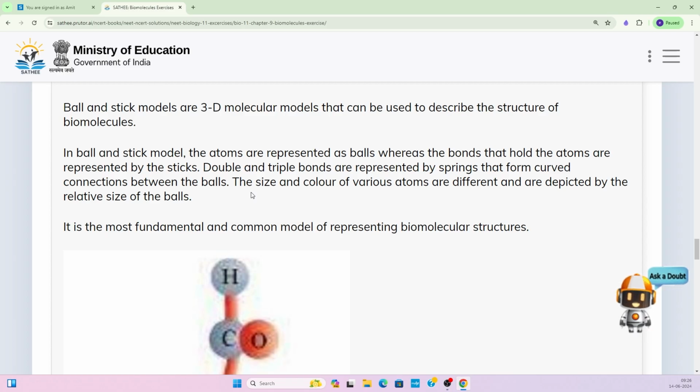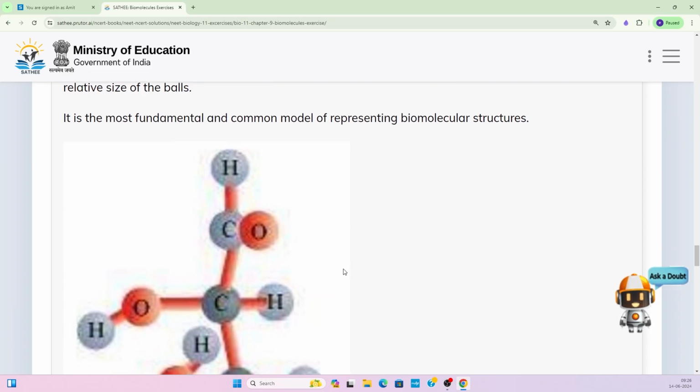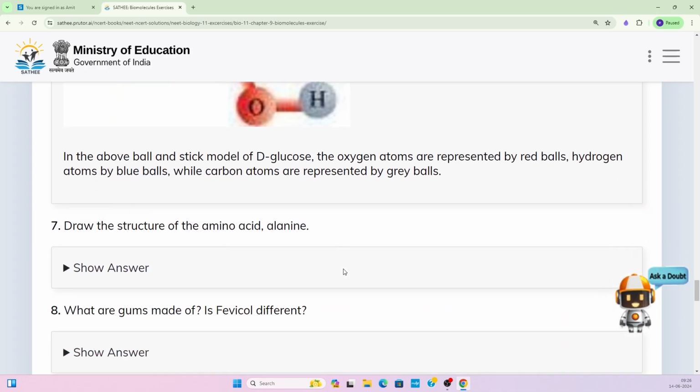So it is a fundamental and common model of representing biomolecular structure. This is a way to represent any type of biomolecule. In the above ball and stick model of D-glucose, dextro glucose, showing the stereo orientation, the oxygen atoms are represented by red balls.